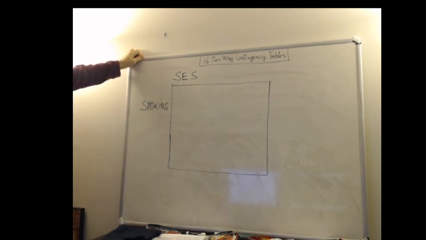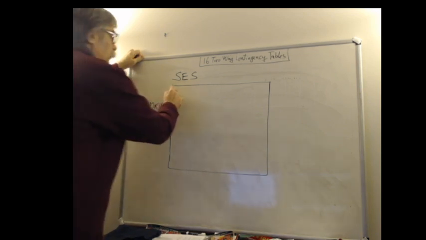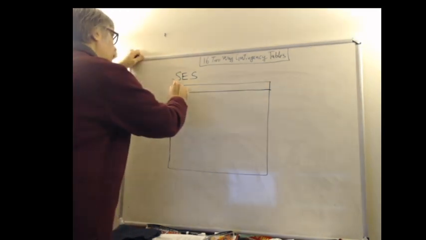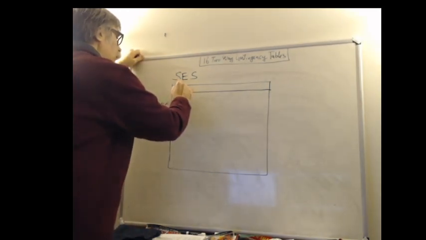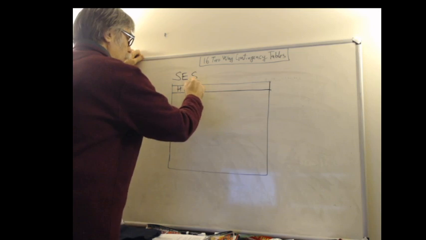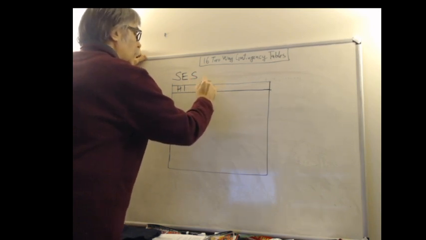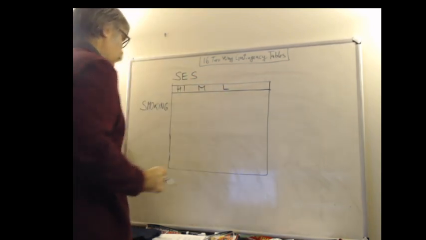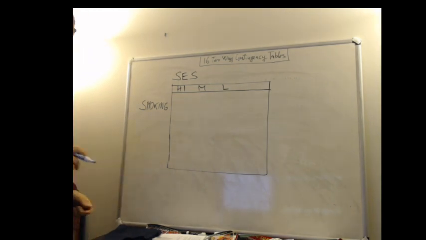into 3 categories by socioeconomic status: high income, middle income, and low income. Okay?